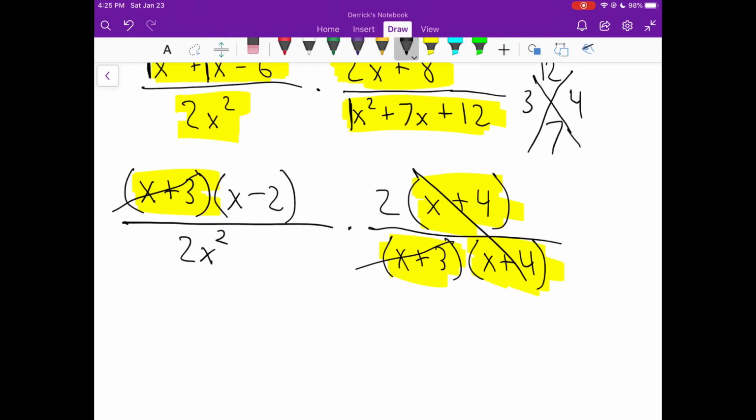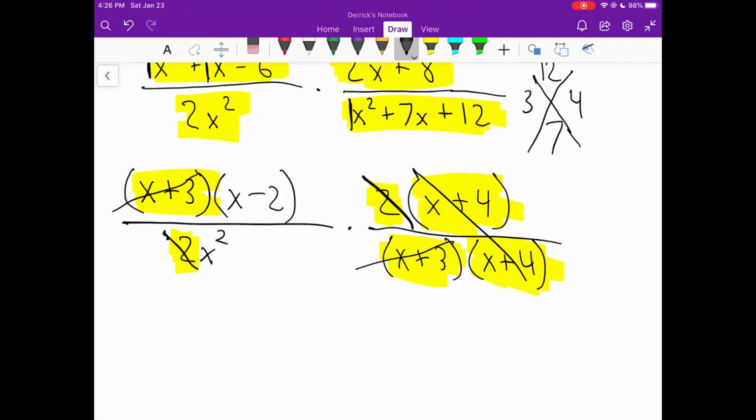Those can cancel. I also see a 2, a standalone 2 that's away from anything, right? Not this x minus 2. This 2 is bound with the x and we can't mess with that. But this 2 is standalone, and this 2 is effectively standalone since it's just being multiplied to the x squared, not added or subtracted. And so these can cancel as well.